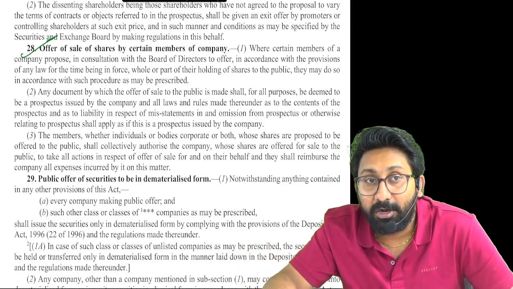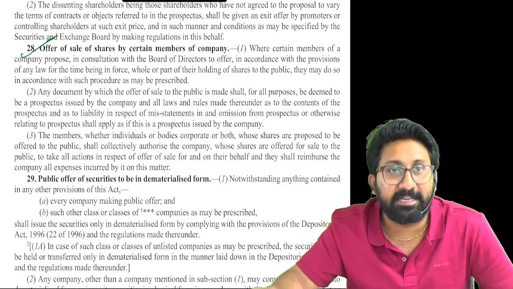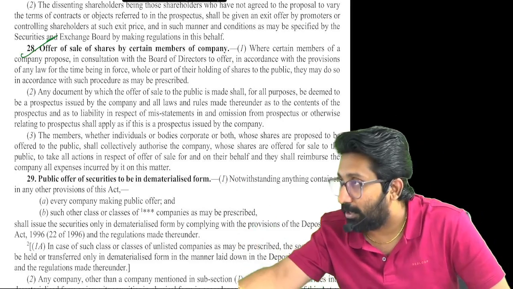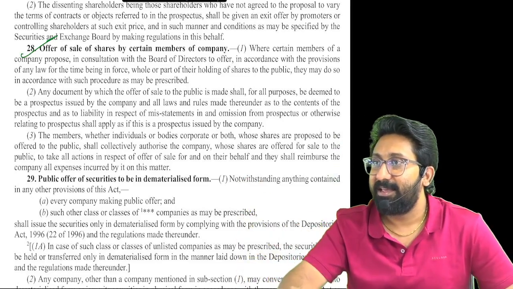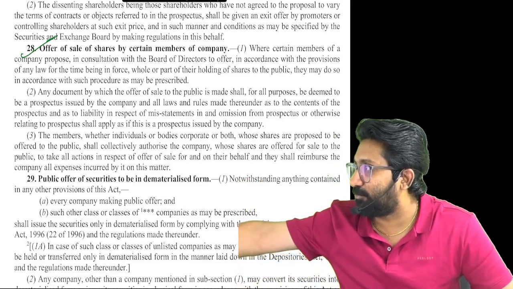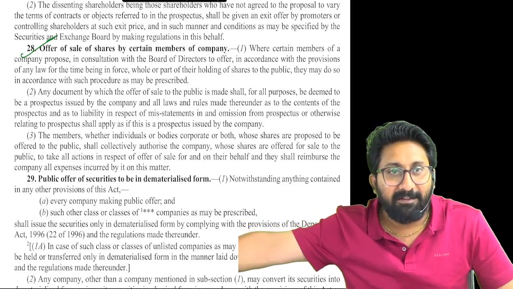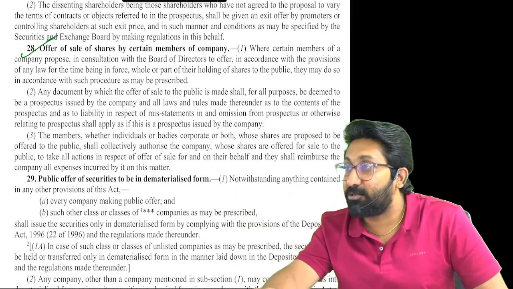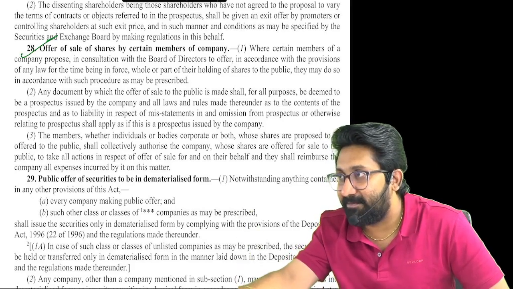That is extremely small for LIC. When I have a cash balance of 2 lakh crores, why would I go for a public offer of 21,000 crores? 21,000 crores is big for any company, but not for LIC.